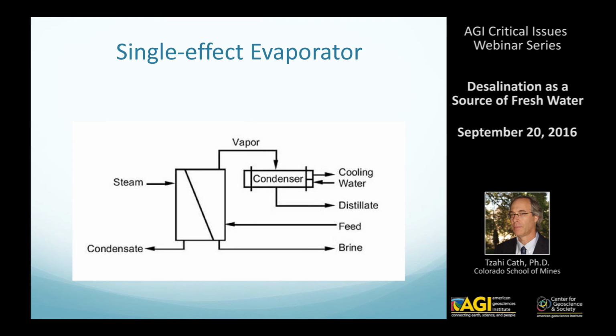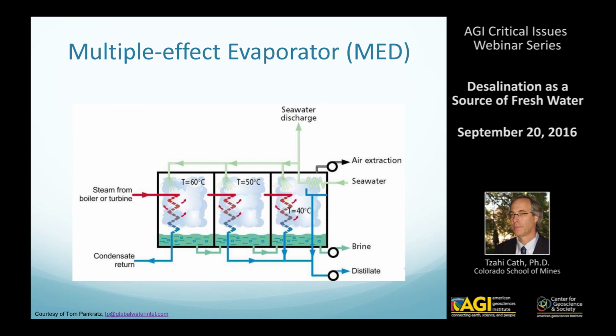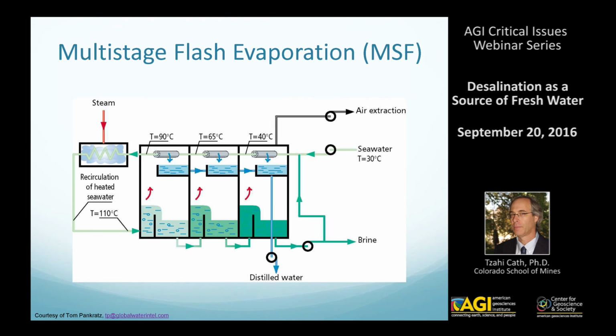That has limited capacity, and therefore we connect many of them together into something that's called multi-effect evaporator or multi-effect distillation, where we take feed water and go from one stage to another, recovering the heat from one stage and doing distillation in the adjacent chamber at low temperature and also at lower pressure to achieve as much distillation as possible.